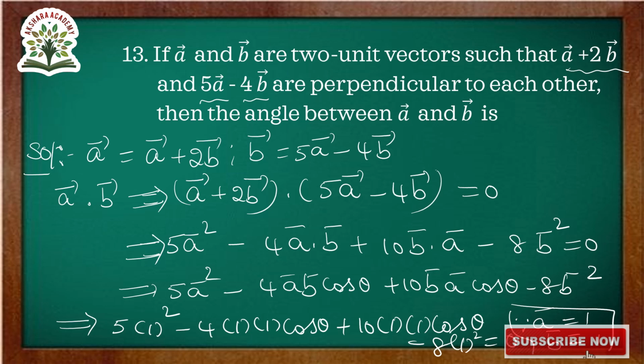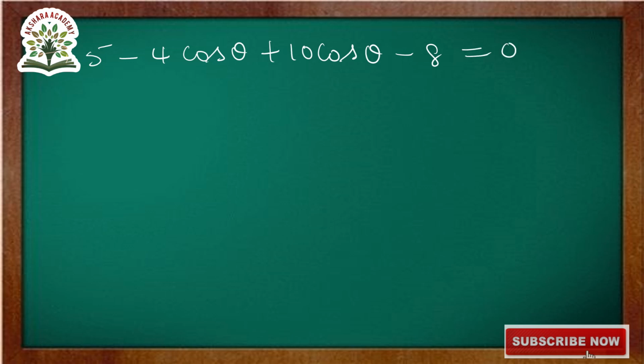Next, this becomes 5 into 1 whole square, 5, minus 4 cos theta plus 10 cos theta minus 8. Here 1 whole square is 1. So this is equal to 0.